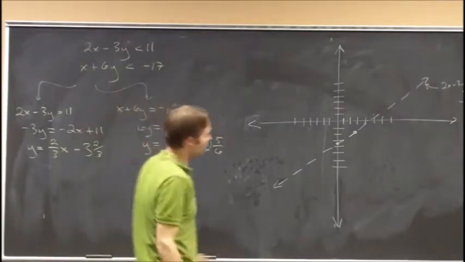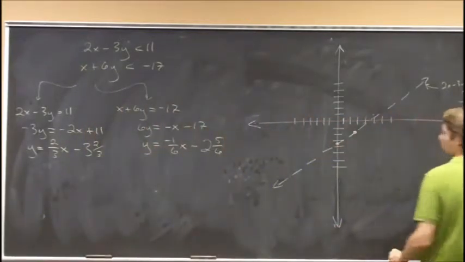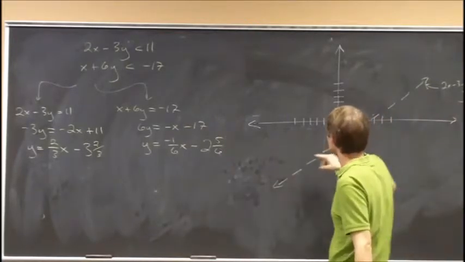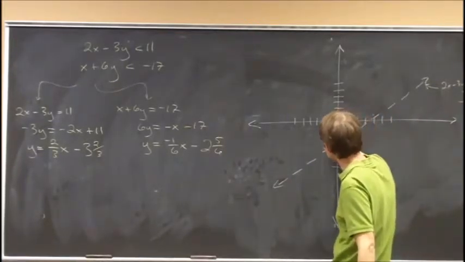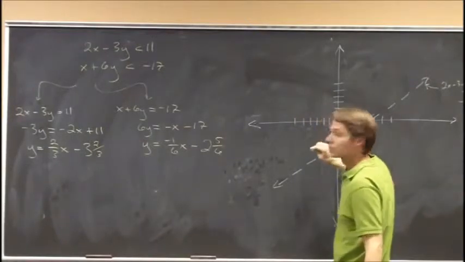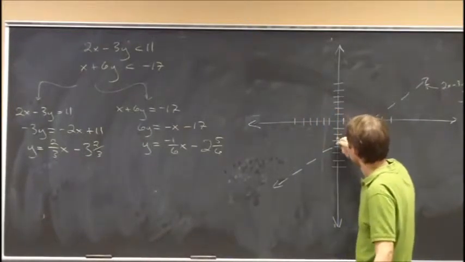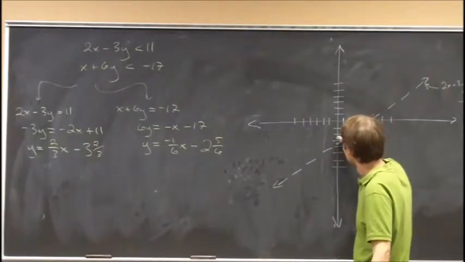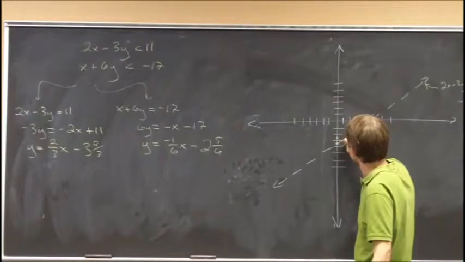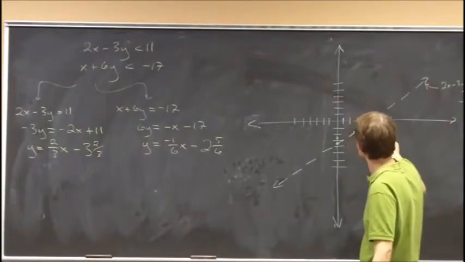And I think I'll use my green for the other lines. This one has a y-intercept of negative 2 5/6, so 1, 2, and 5/6, which is right here. And then it has a slope of negative 1/6, so if I go down 1, and then to the right 6. 1, 2, 3, 4, 5, 6.